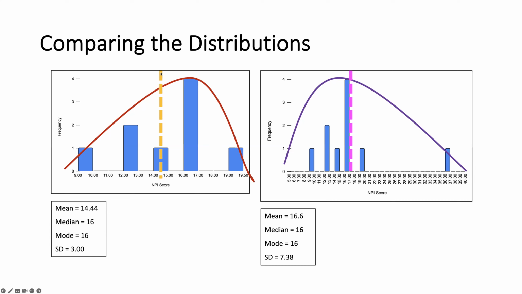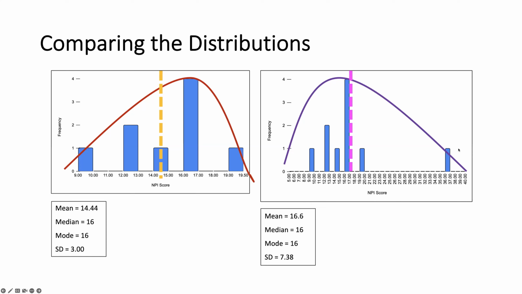But look at our mean. Our mean is 14.44, so it's to the right of this value. The 14 score, the 2 12s, and the 1 9 are all under this mean, and the 4 16s and the 19 are above the mean.